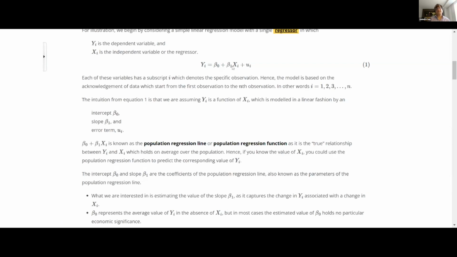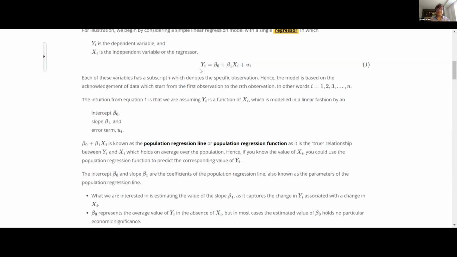Given our example, we want to look at the effect of the minimum wage on the poverty rate. So x_i will be our minimum wage and y is our poverty rate.